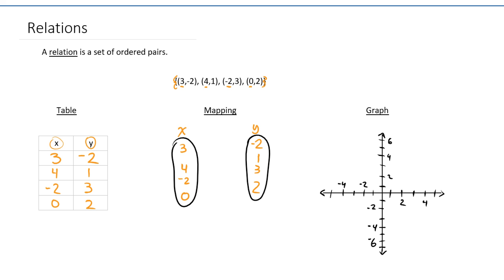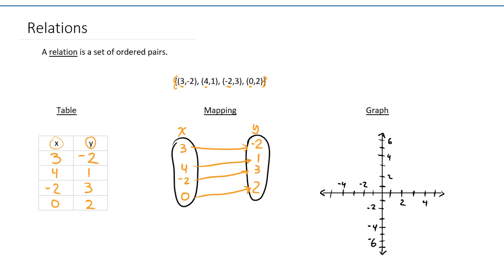Now when we look at a mapping, we need to point our x value to the corresponding y value. So since 3 goes to -2, and 4 goes to 1, -2 goes to 3, and 0 goes to 2, that is our mapping. And we'll take a look at a few different ones where we'll have some overlapping and some different things like that. But that's the basic idea of mapping.